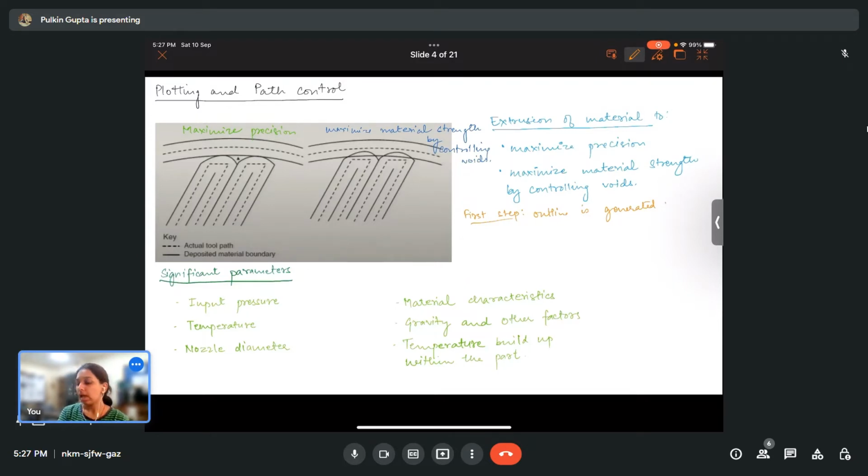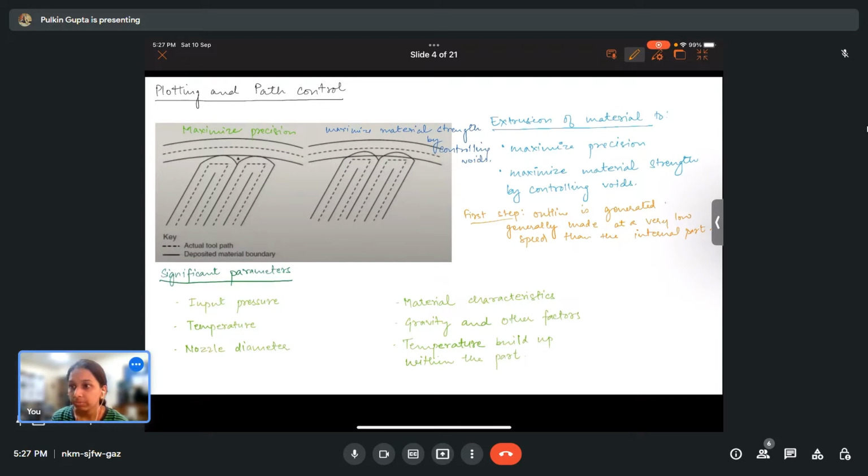Now this outline is generally made at a very low speed compared to the internal part. Okay, this is made at a very low speed.